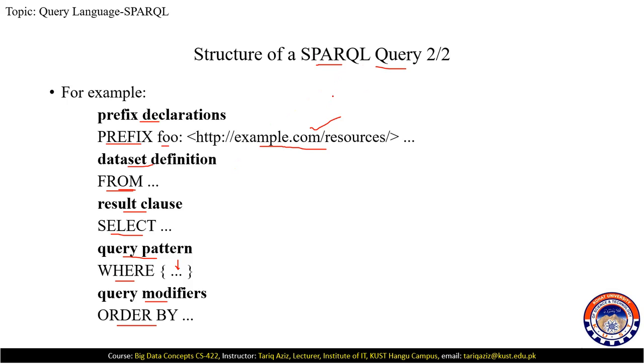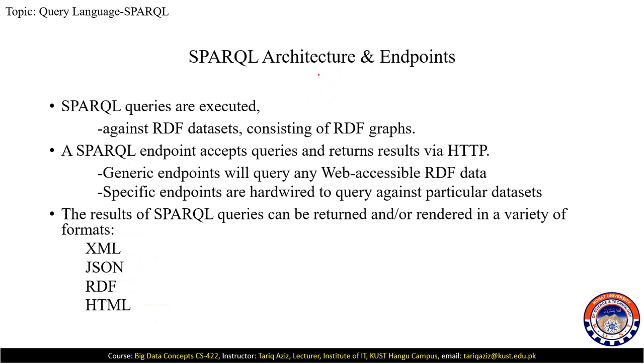Now, dear students, what about the architecture of SPARQL, and what do we mean by endpoints? We discussed previously that SPARQL queries are executed against RDF datasets, and these datasets consist of RDF graphs.